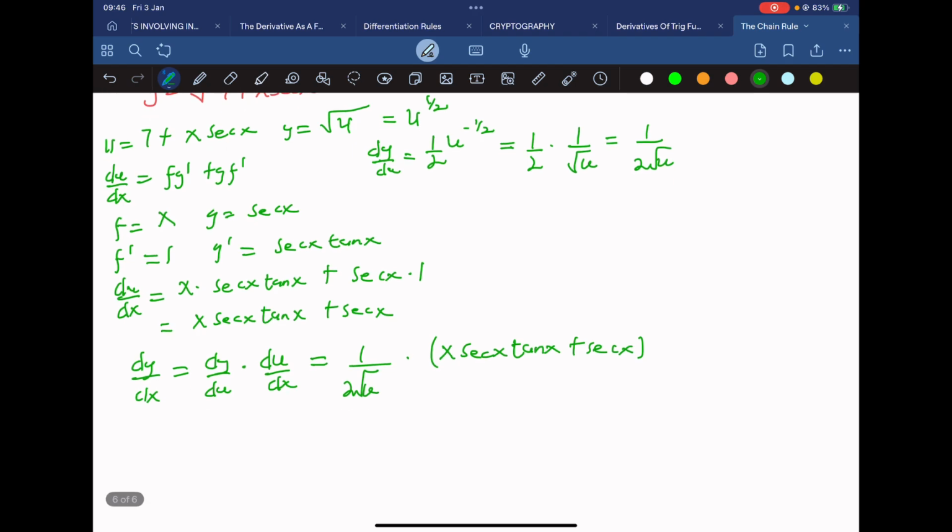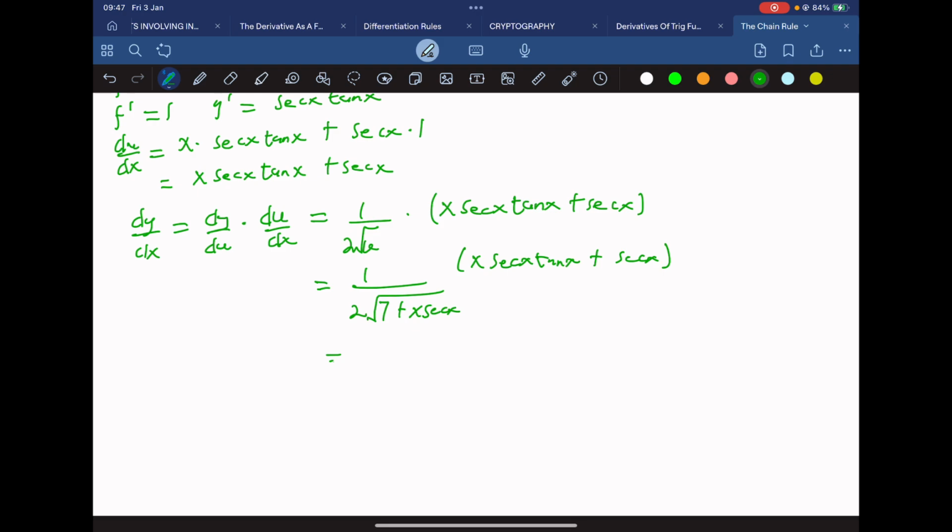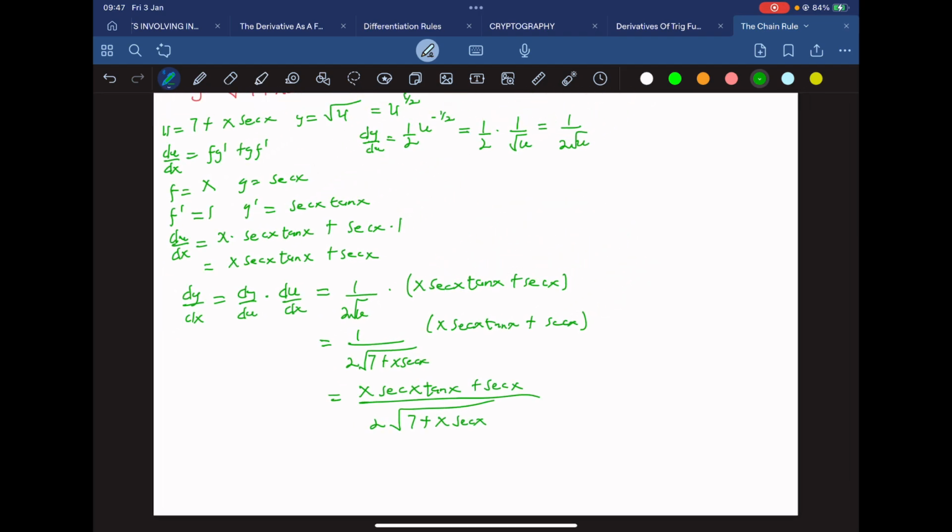So if we simplify, we know the u in this case is 7 plus x secant of x, then multiplying it by x sec x tan x plus sec x. So we can rewrite this. So 1 times the whole of this gives us x secant of x tangent of x plus secant of x out of 2 multiplying the square root of 7 plus x secant of x. So this will be your answer.